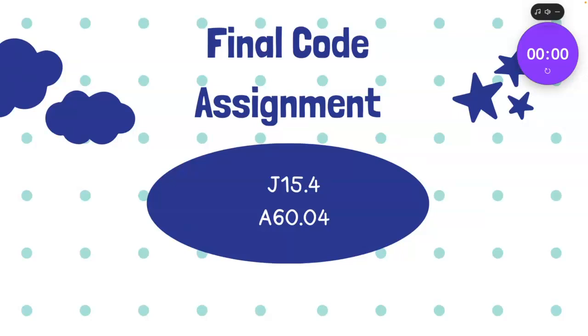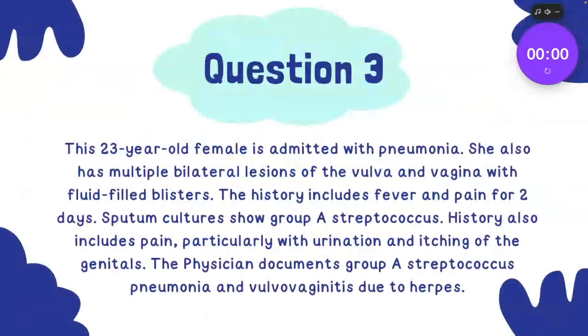Bacterial strep. Let me go back. So J15.4 is a combo code that says pneumonia with streptococcus. Okay. All right.